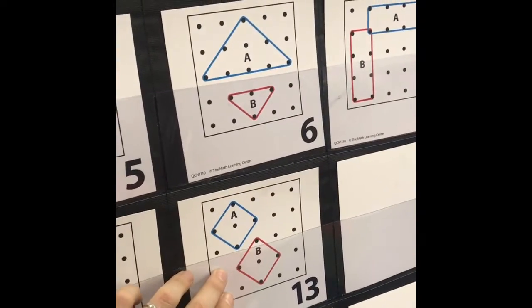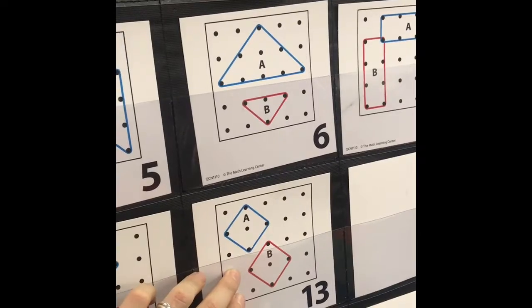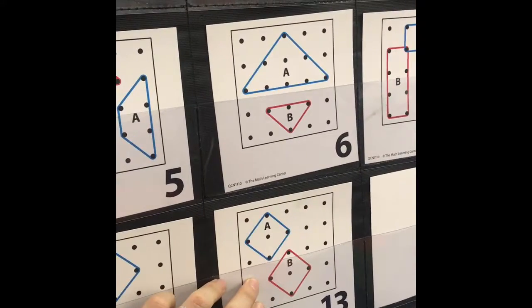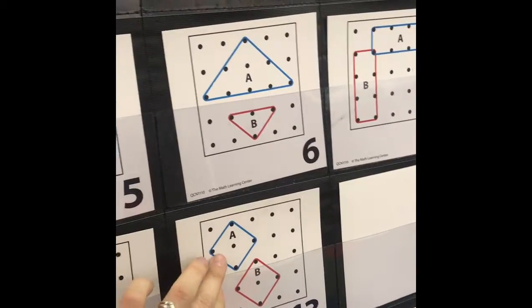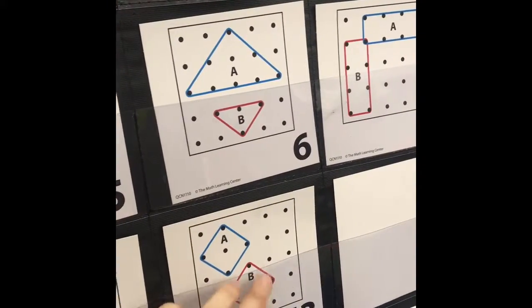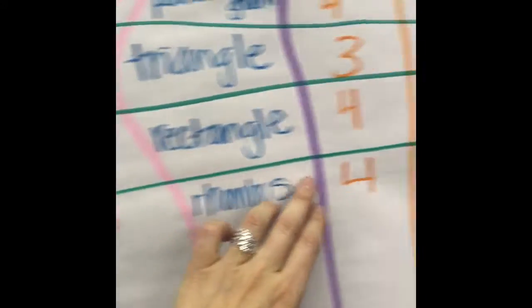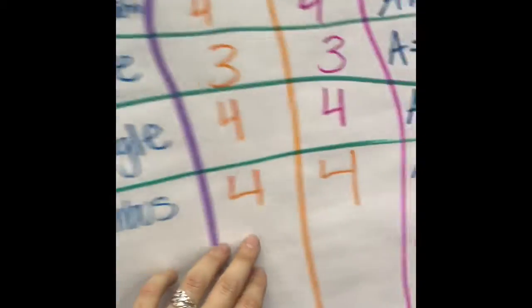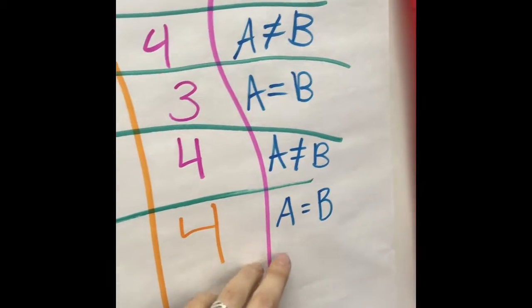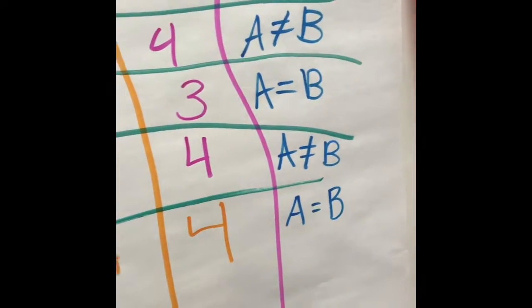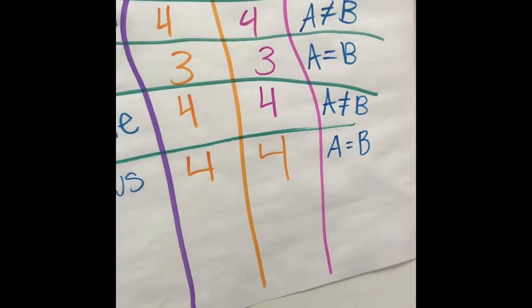And they say yes. And so I asked them, well, how do we know? And the student said there's 4 sides to each rhombus. So then we counted the sides, 1, 2, 3, 4, 1, 2, 3, 4. So after I wrote down my rhombus, the shape, I then put in the 4 vertices, the 4 sides, and then wrote in A equals B, because both A and B are equal to each other.